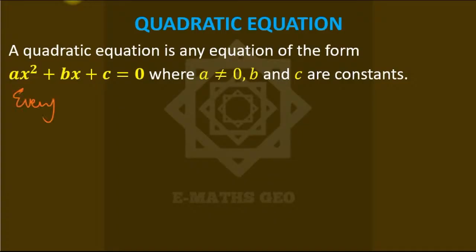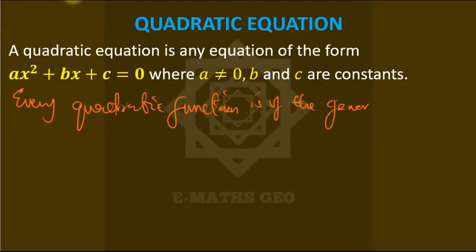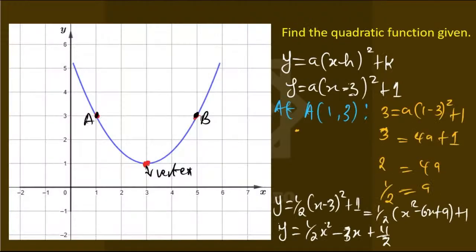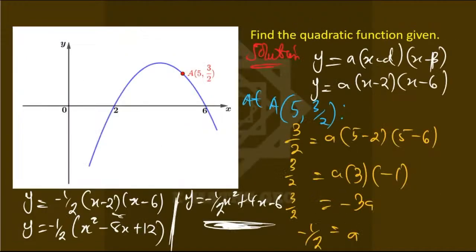Every quadratic function, whether given the vertex or the x-intercept, is of the general form y equals ax squared plus bx plus c. If you check all the answers we got, they are the same as that form. So that is the general form.